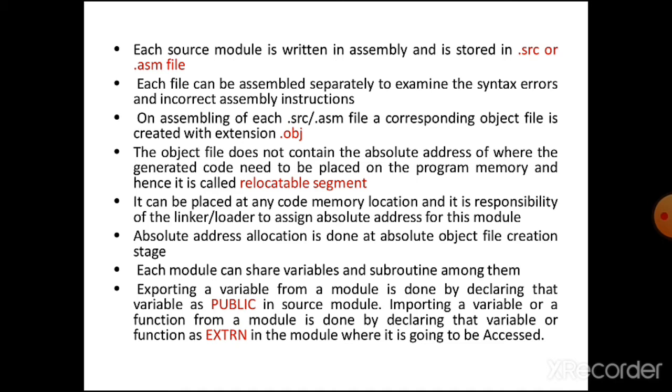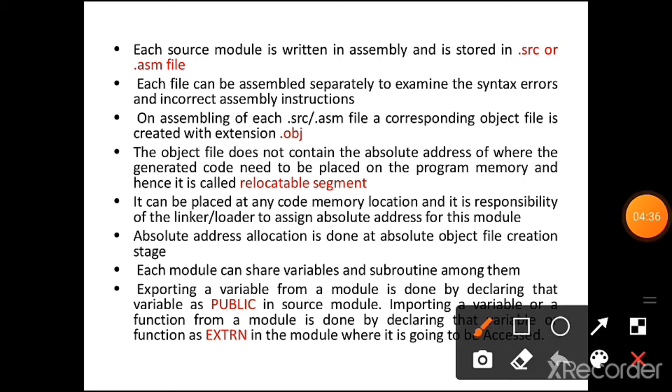If each source file is written in assembly language, it is stored in a file with the extension .src, that is source file, or .asm, which means assembly language file.